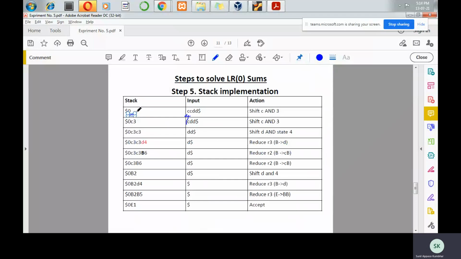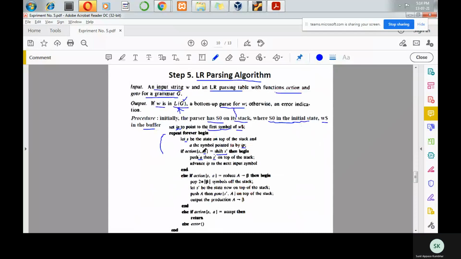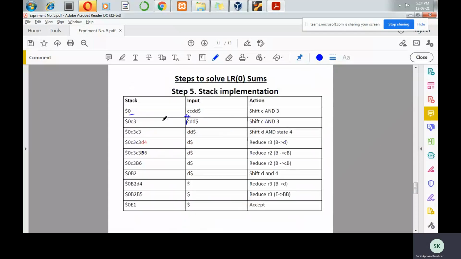If it is a shift entry, according to the algorithm, we have to first push A, meaning the input symbol, followed by the state symbol. So first C is pushed and then 3 is pushed. Yes, because what is 3? 3 is the destination state.